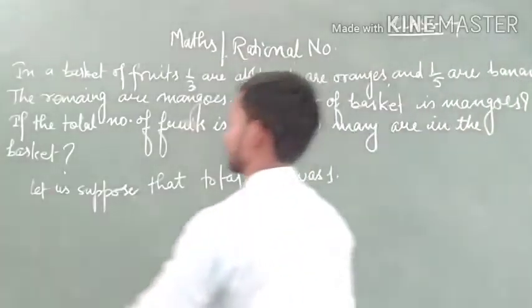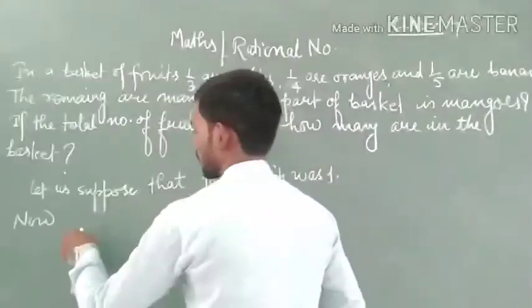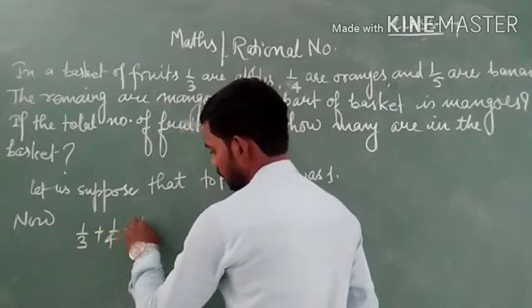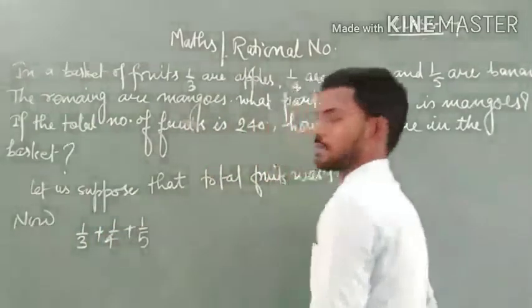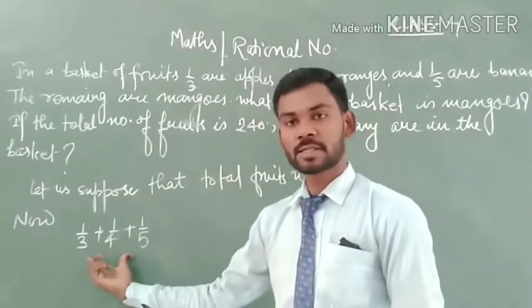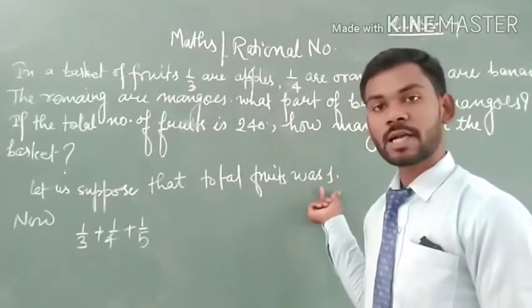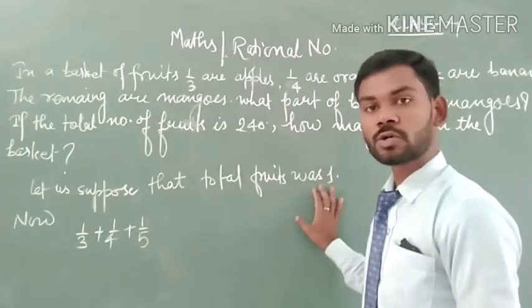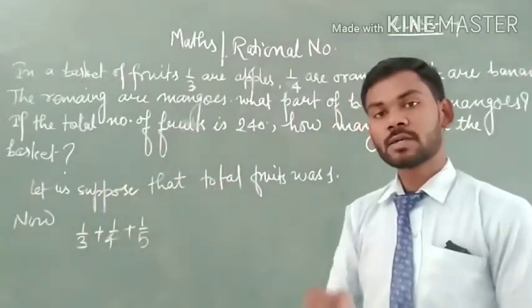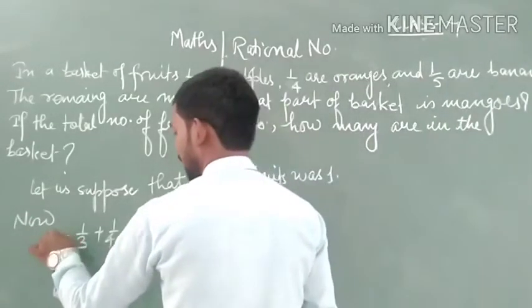Okay, now 1 by 3 plus 1 by 4 plus 1 by 5, and we shall subtract the sum of these 3 fractions from the whole. Why? Because the total was 1, that means this is the total, and we shall subtract these parts from the total, then we get the remaining part of the basket. So here we can write minus 1.